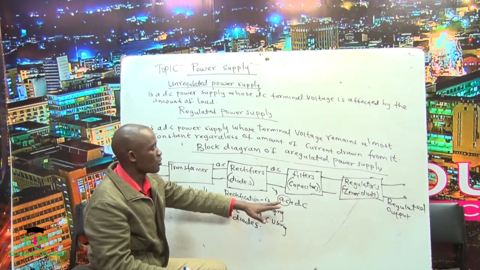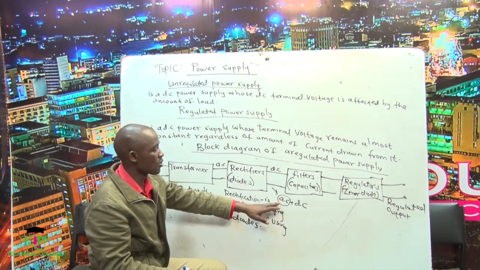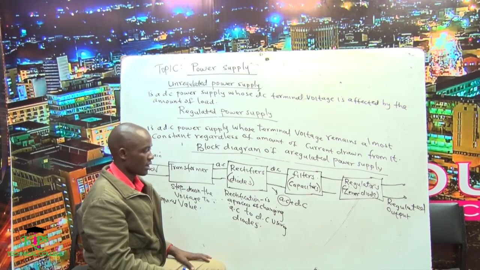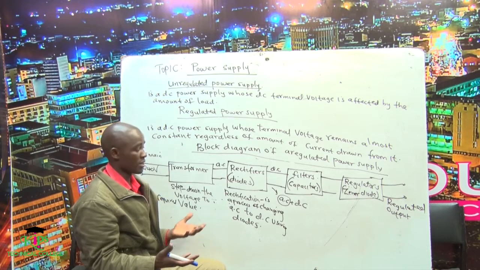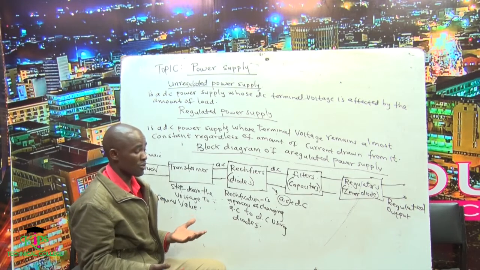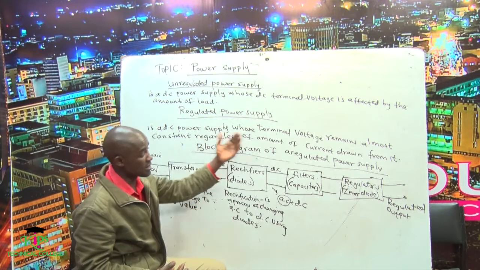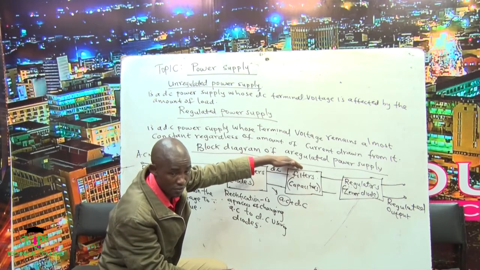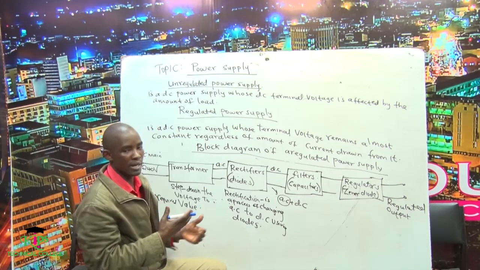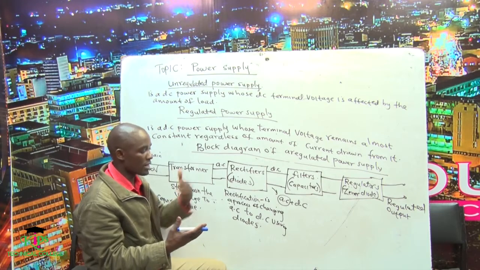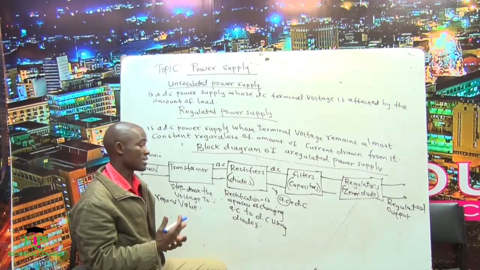That is why you need to pass it through something that is called a filter. A filter is like a sieve. When you make tea at home, you need to sieve to remove the tea leaves. So in this case, we are using a filter. The function of the filter is to separate the AC signals from the DC signals.